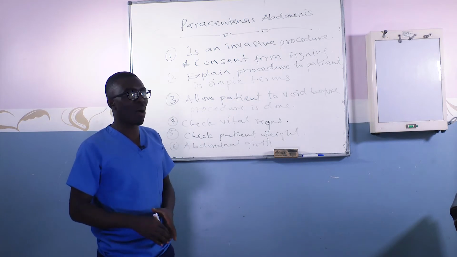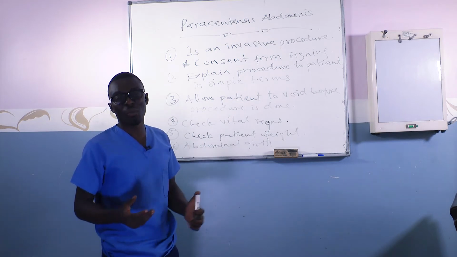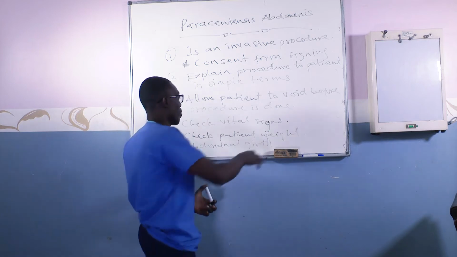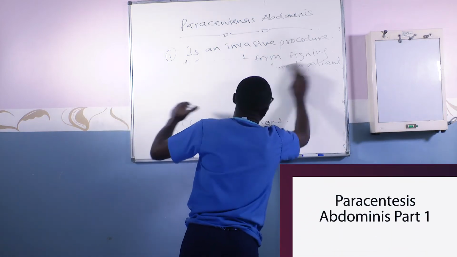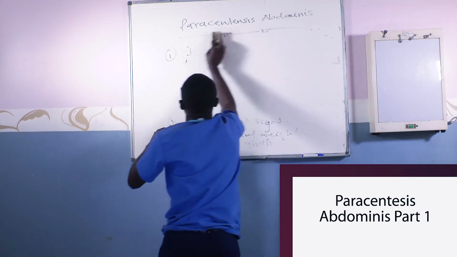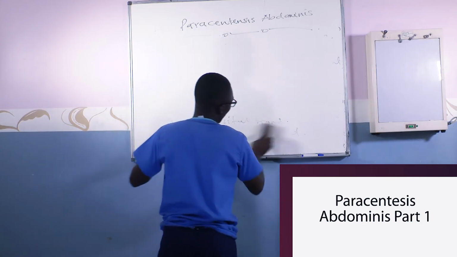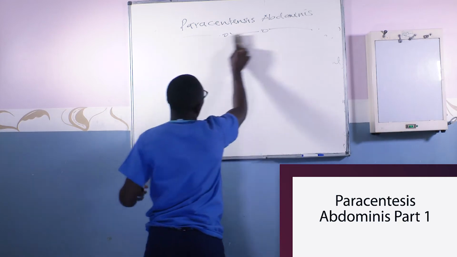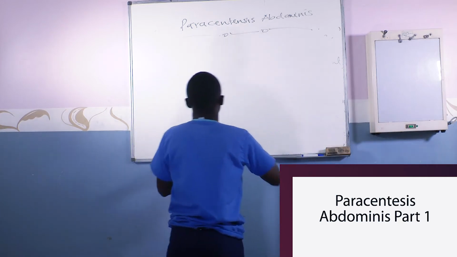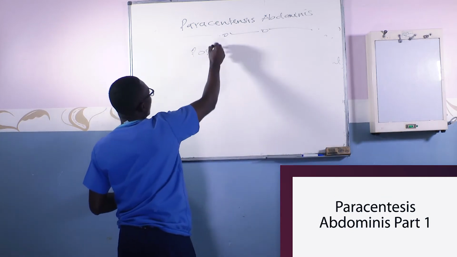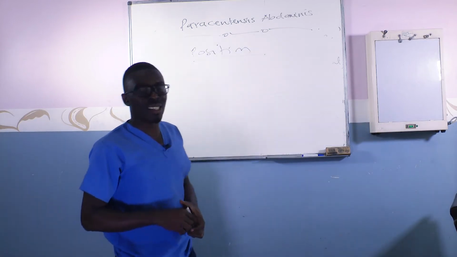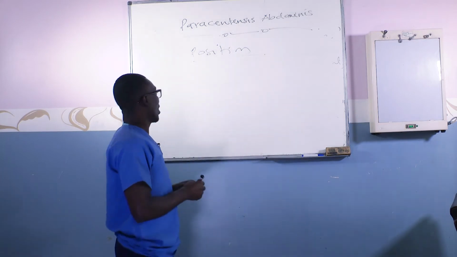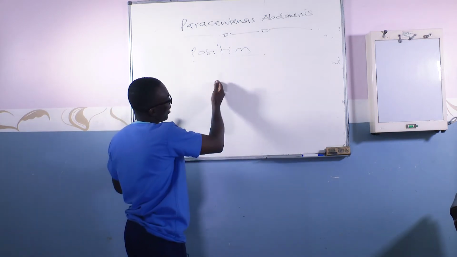Now let's look at how the patient is positioned during paracentesis abdominis. Under position, the patient usually sits at the edge of the bed.